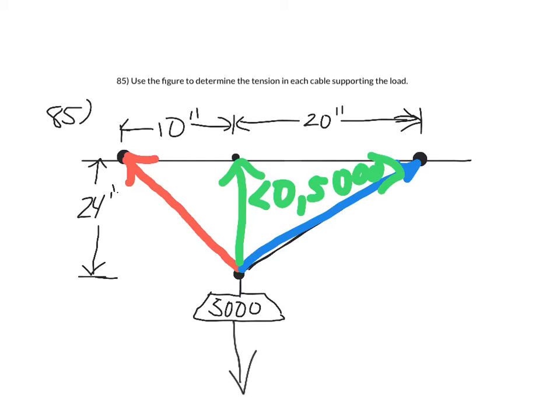So in order to counteract that, in order to hold it up stationary, it has to be pulling straight up at the same force, 5,000 pounds. So we have a vector pointing straight up, and its component form is 0, 5,000.